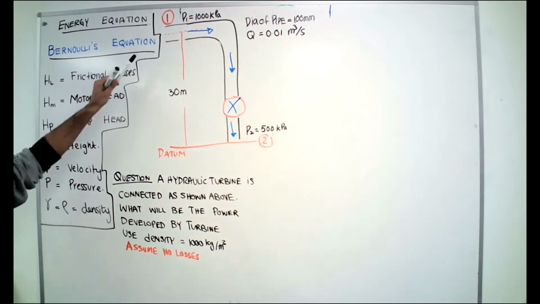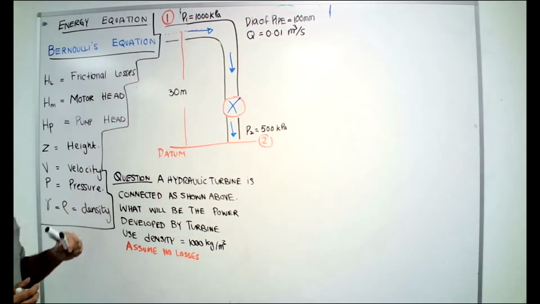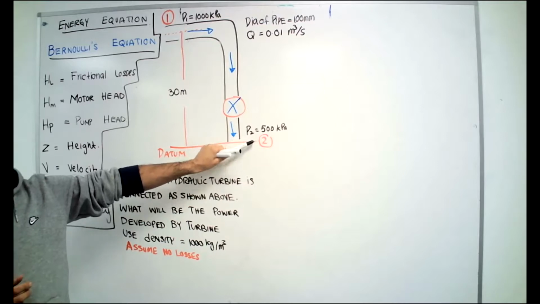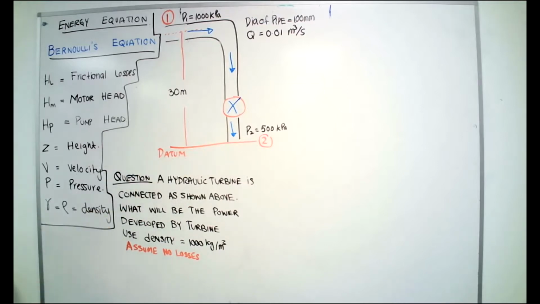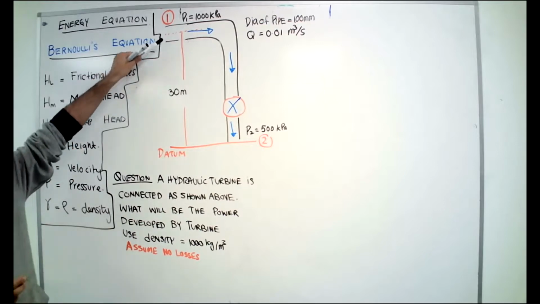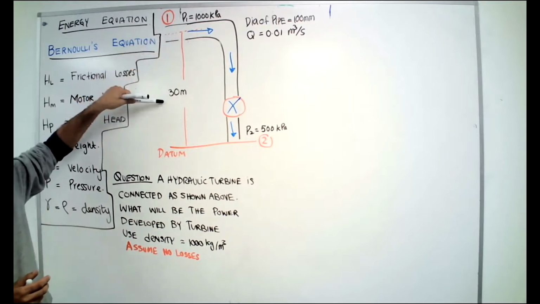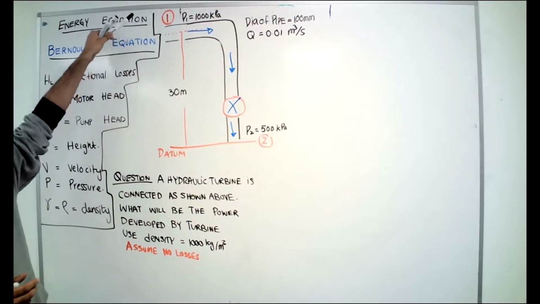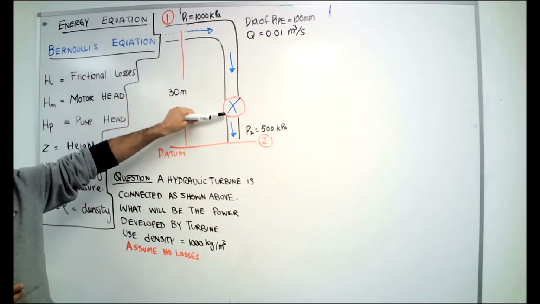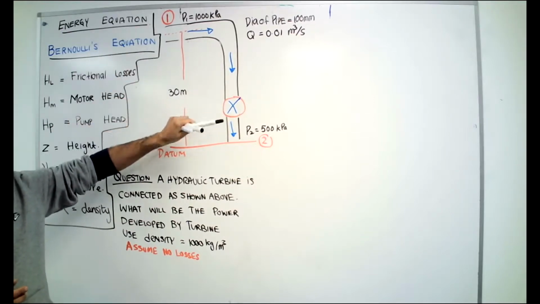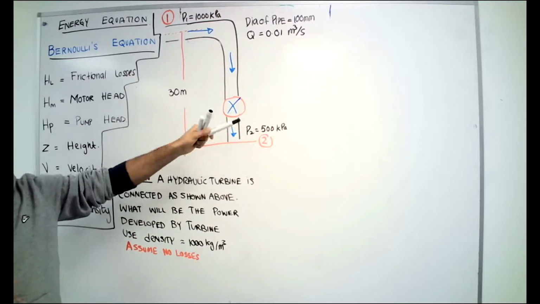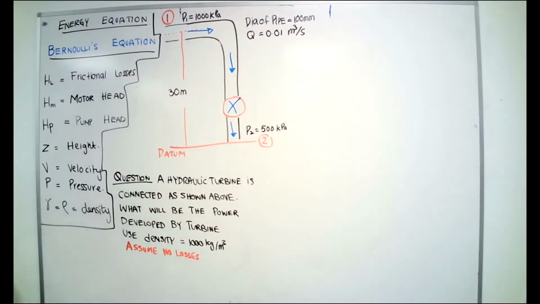The pressure at the inlet is 1000 kilopascal. The pressure at the outlet is 500 kilopascal. The difference of the height is 30 meters. If we increase the height, we can get different power here, considering the pressure is the same.